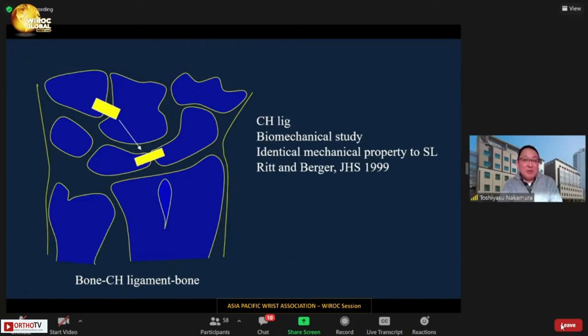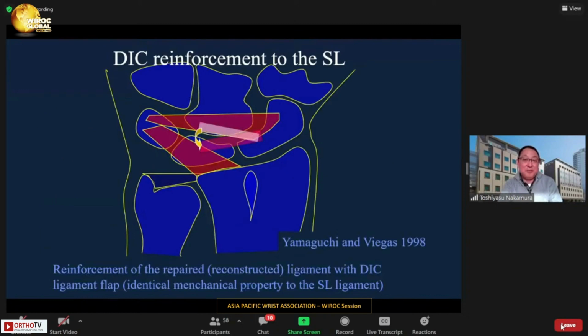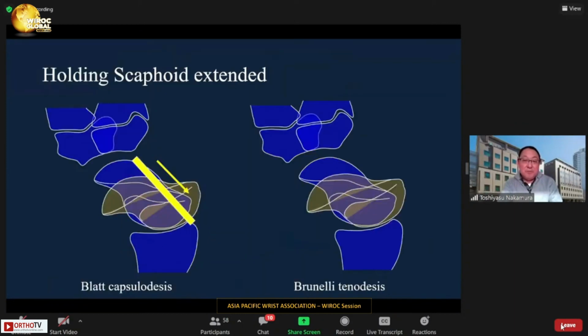Then Rettig described that the capitate-hamate ligament has biomechanical properties identical to the SL ligament. Yamamoto and Viegas described the DIC ligament reinforcement of the SL ligament, which is an augmentation reinforcement technique, if the dorsal SL ligament is partially attached to the bone.